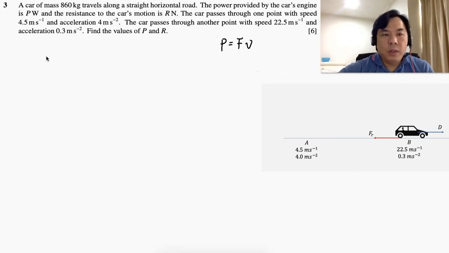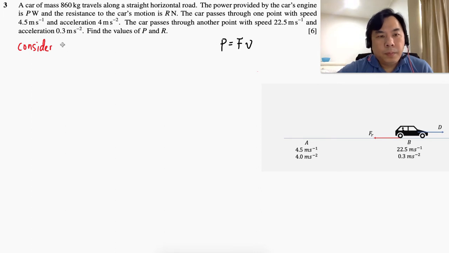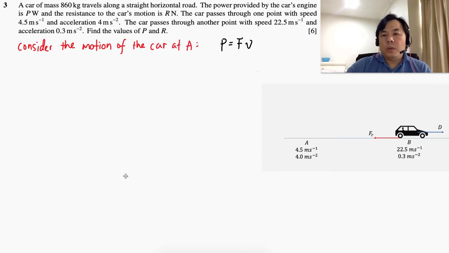Now we consider the motion of the car at position A. By using Newton's second law, as long as the question involves forces, you must think of Newton's second law.